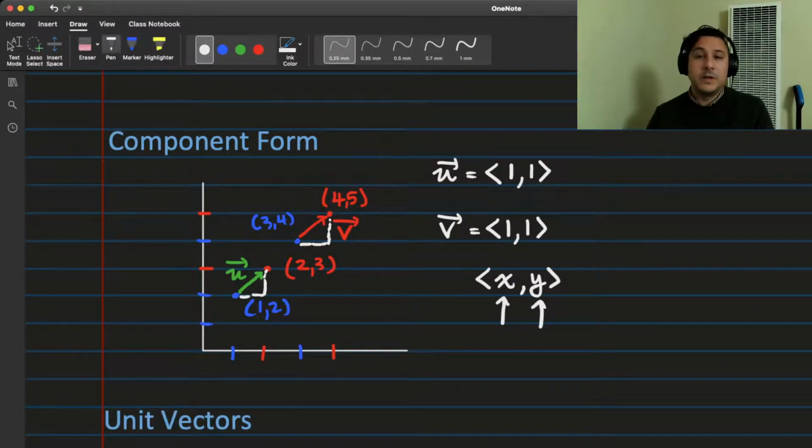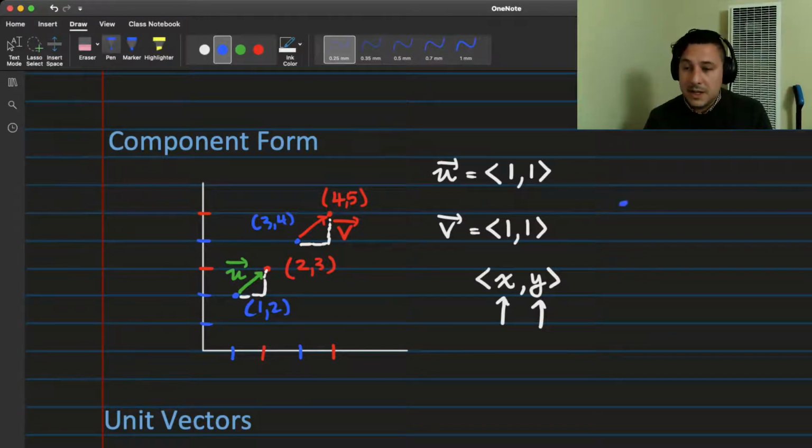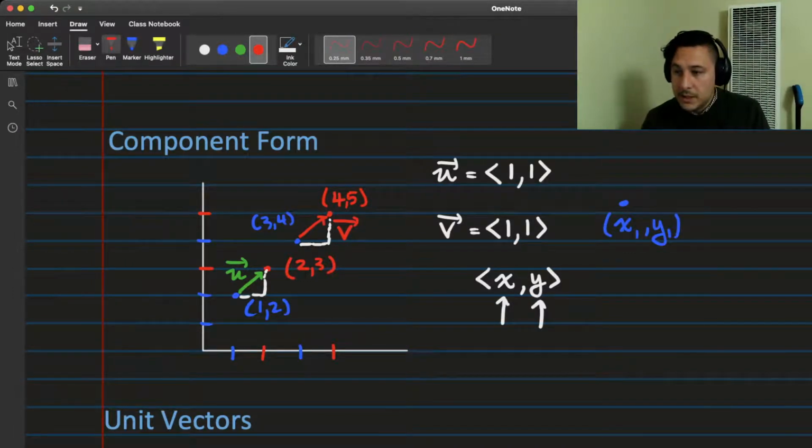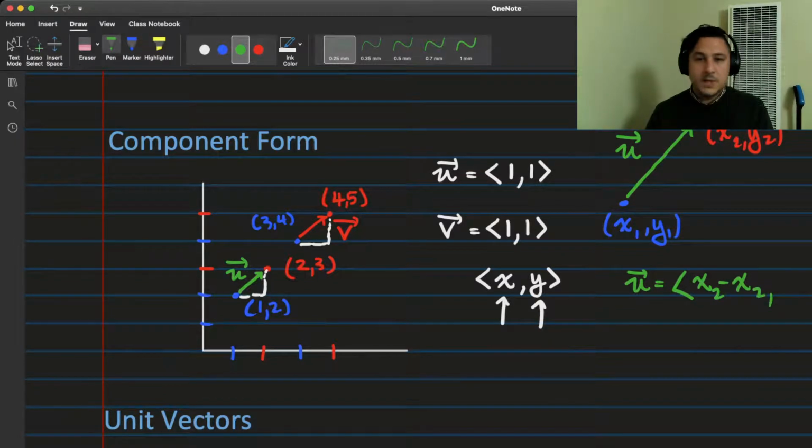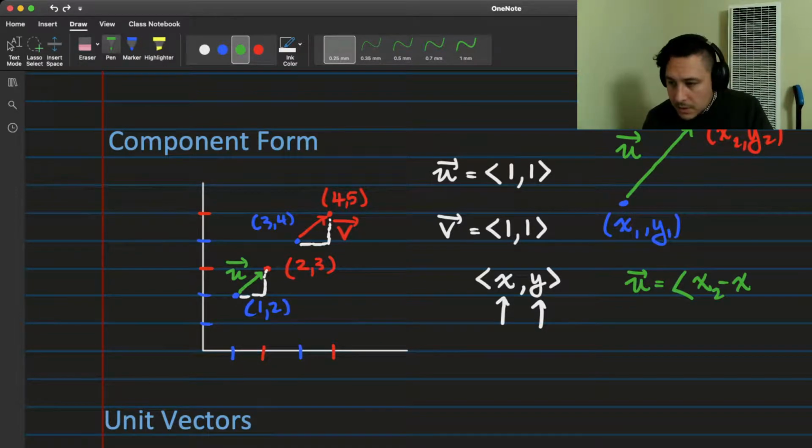Okay, so it's pretty straightforward to figure out what the component form is. If your initial point is x1, y1, and your terminal point is x2, y2, and this is your vector u, then the components of u are going to be x2 minus x1, and y2 minus y1.